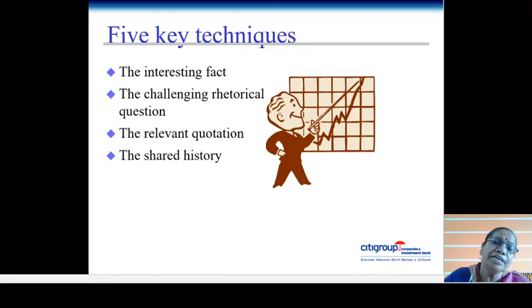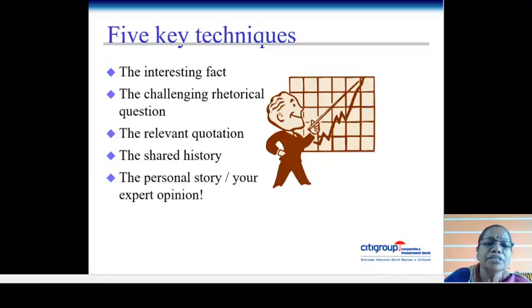You should share history also, means give examples of historical things or give an example from history itself. So share history with them. Personal story or your expert opinion: you have to express in between your personal story also, which should be very short or brief. In brief you have to tell your expert opinion also.